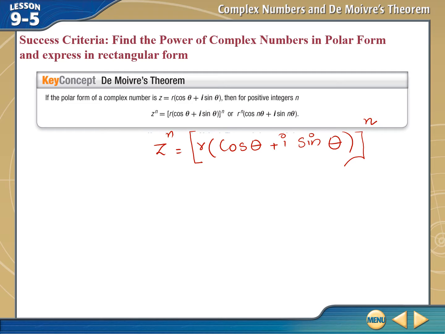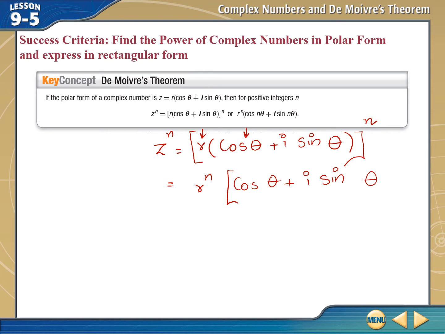So keeping that in mind, De Moivre said that what you have to do is raise the r, that means the modulus, to the power of n separately, and here there is an angle. For the cos you have an angle, and for i sin you have an angle. So what do you do?